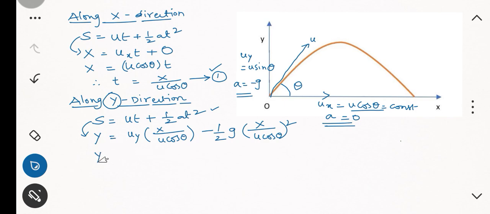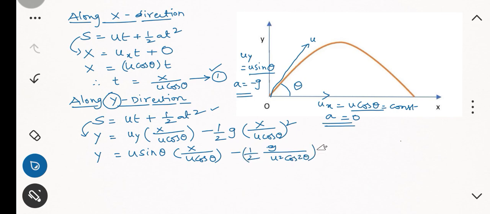Therefore, by substituting uy is equal to u sin theta, we get u sin theta into x divided by u cos theta, minus half g divided by u square cos square theta into x square.